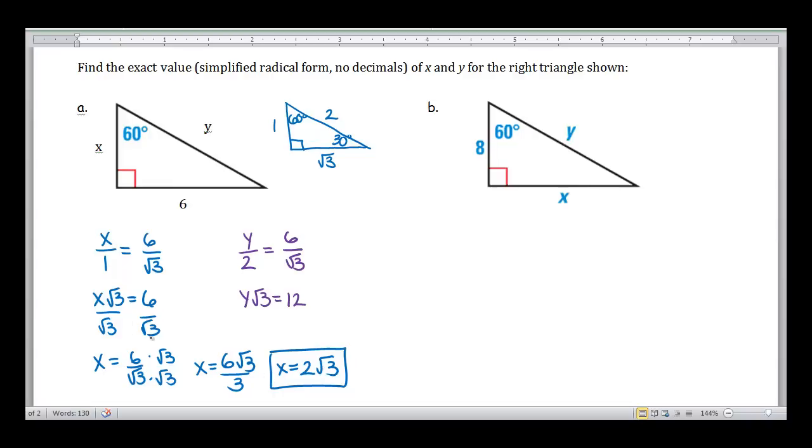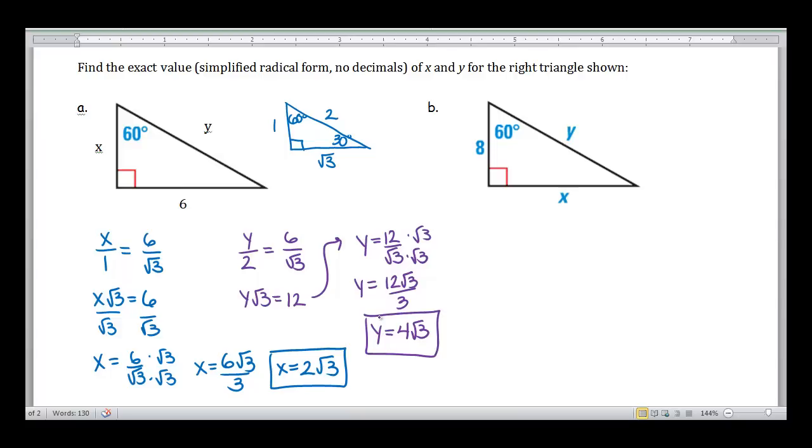Following the same steps that we did when we solved for x, if you divide each side by root 3, you're going to have y equals 12 divided by root 3. You then have to rationalize the denominator to get 12 root 3 over 3. And then simplifying the 12 over 3, I can see that y is a value of 4 root 3.